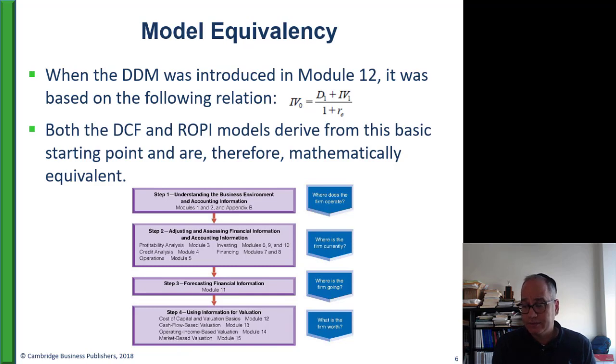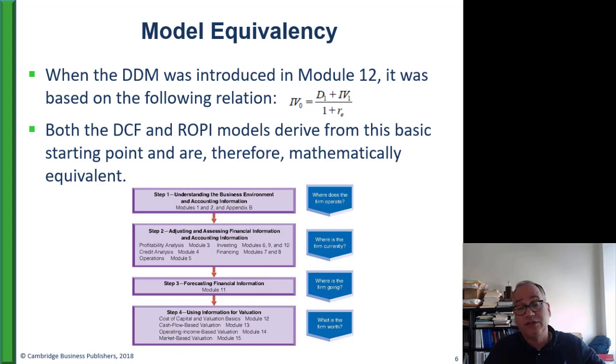It can be shown. Now, the steps again that we've gone through is to understand the business environment, go into the sandbox, fool around with the numbers to get something that you believe to be more reasonably associated with the company's performance.